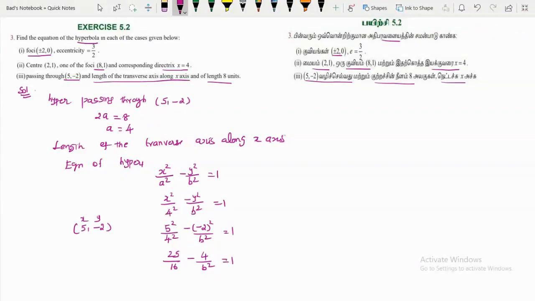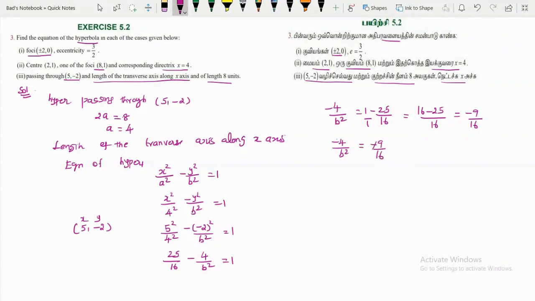Okay, taking 25 by 16 to the other side, minus 4 by b square equal to 1 minus 25 by 16. Cross multiply. So 16 minus 25 is minus 9. So minus 9 by 16. So minus 4 by b square equal to minus 9 by 16.